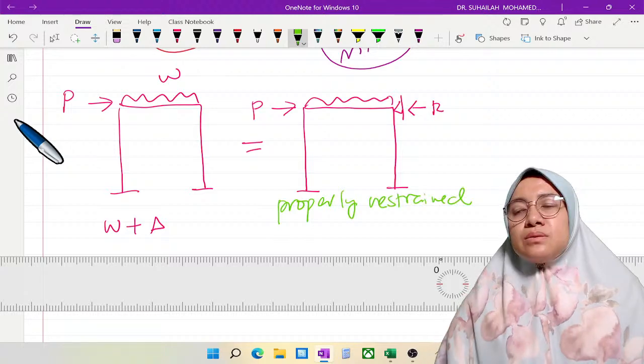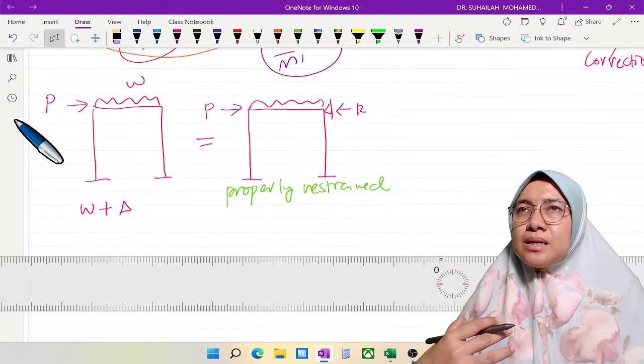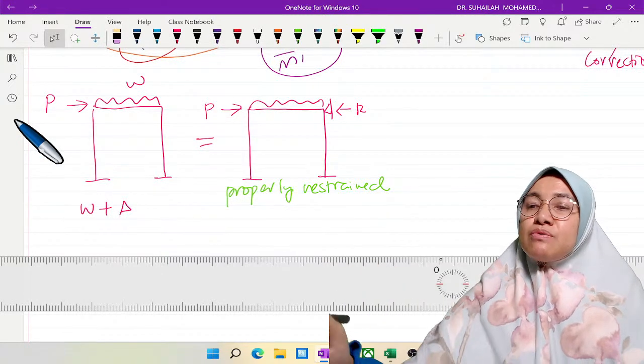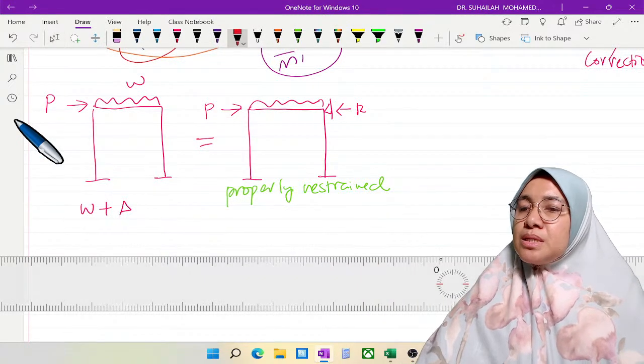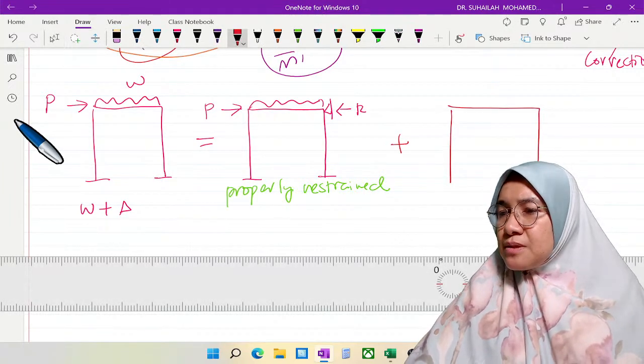When we put negative R there, it becomes properly restrained. So now we have to complete this frame with another one that complies with the principle of superposition.